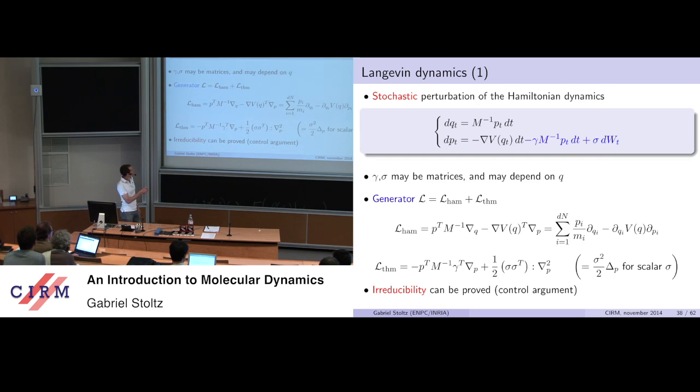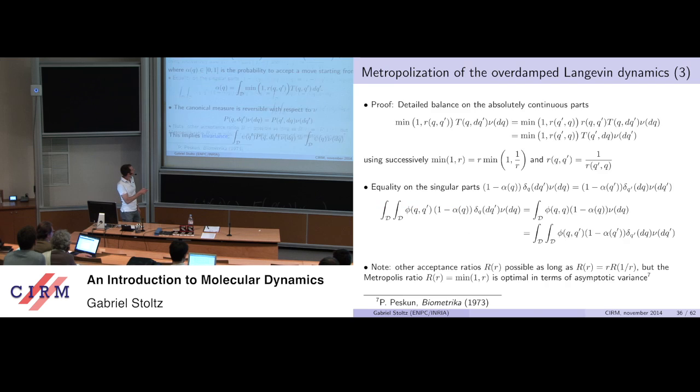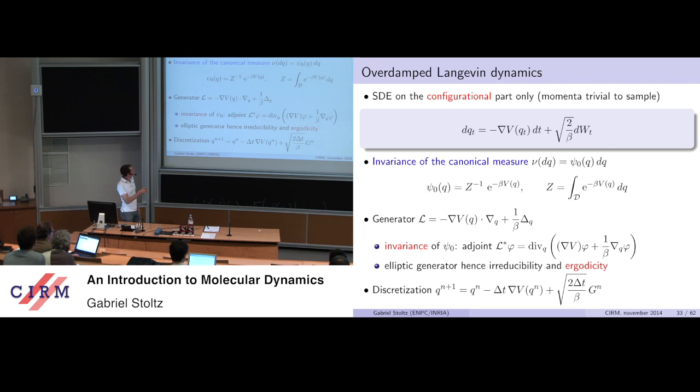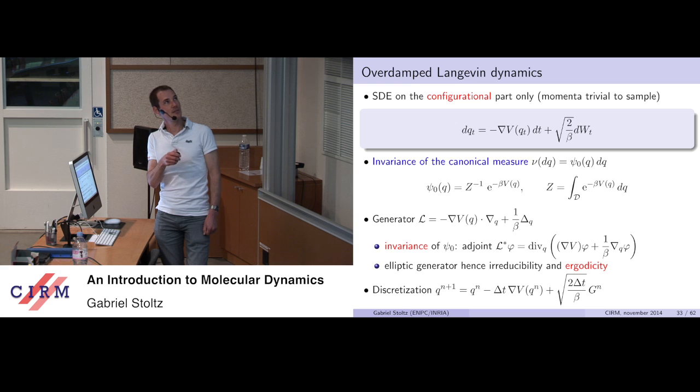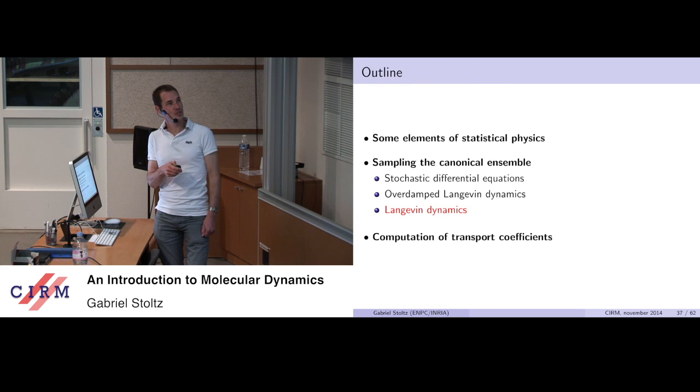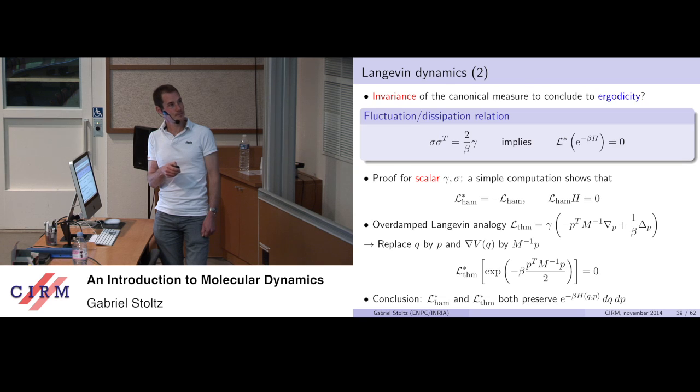If you look at this blue part, and I go a few slides before, you really see that it has the same structure, except that here there is a minus gamma M^{-1}p. So this calls for a potential which is p squared divided by 2. And so by doing the same manipulations as for the overdamped Langevin dynamics, you can see that exponential minus beta p squared divided by 2, or this more complicated notation, is invariant, that is, L applied to it is equal to 0.